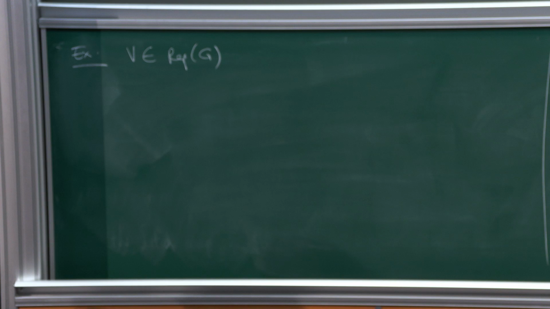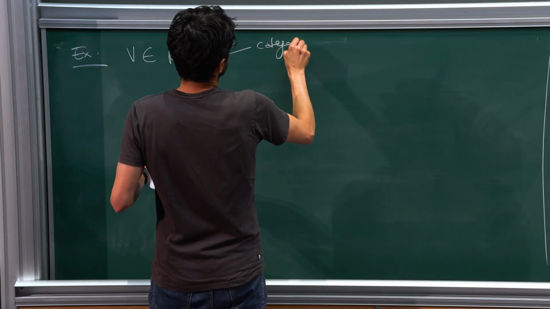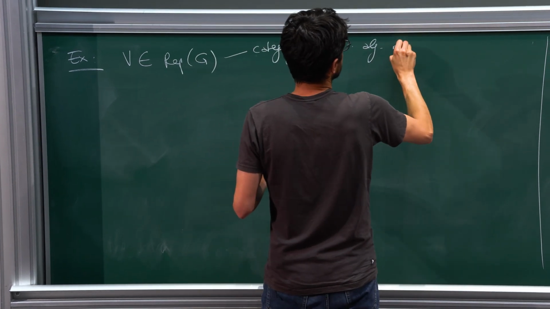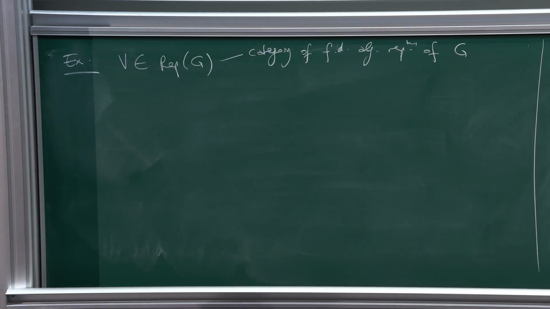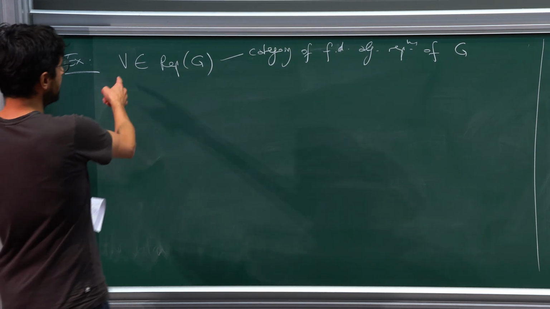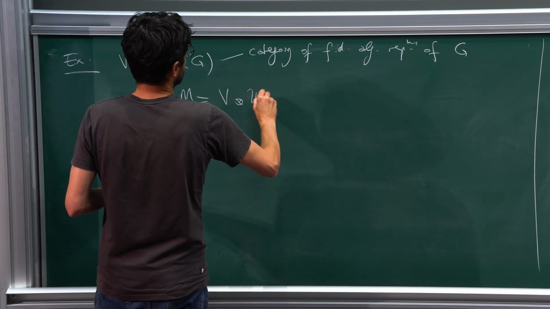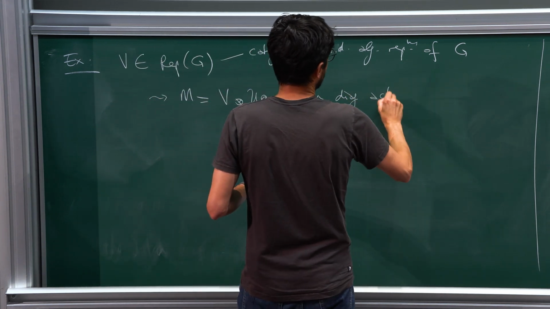Rep G will be my notation for the category of finite dimensional algebraic representations of G. The finite dimensionality at this point is not important, but later I will need some finiteness assumptions, so it's just assumed in the definition. Then if I take V a representation of the group, I can take M to be V tensor UG with the diagonal action of the group G.